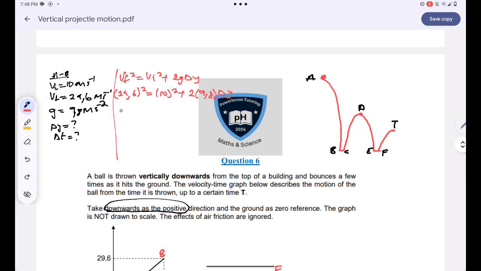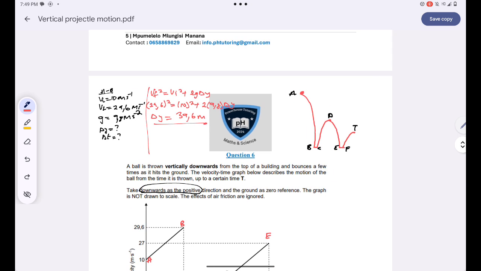You'll obviously use your mathematical gymnastics and find your delta y to be 29.6 squared minus 10 squared all over 2 times 9.8. You'll simply get 39.6 meters. Are you together?